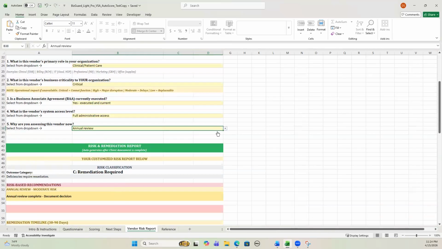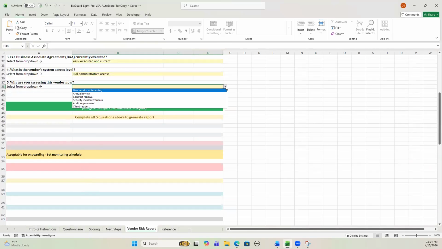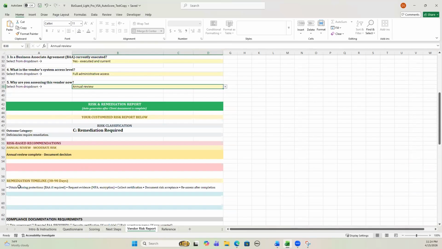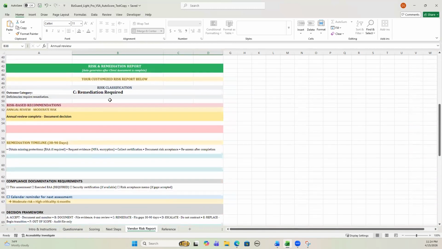So as soon as we did that, let me just show you. See here, there's nothing showing. As soon as we put the last answer, it automatically gives you the results. So as you could see, it resulted in level C, remediation required.